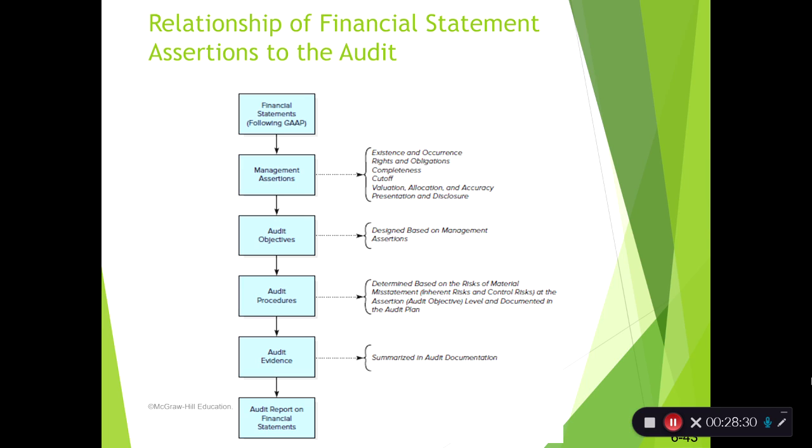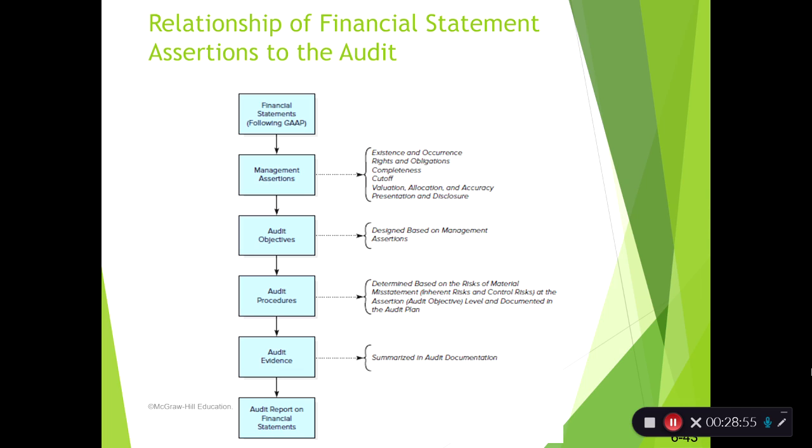And an audit objective is basically just an assertion applied to a specific account. So completeness for accounts payable becomes an audit objective. Okay. Then once we have that objective, then we design our procedures based on the risks, and we collect evidence from those procedures.